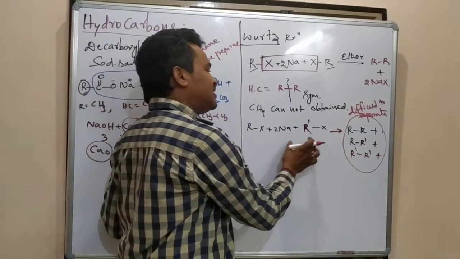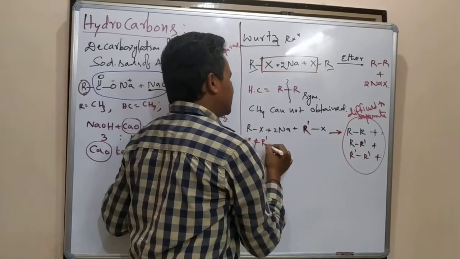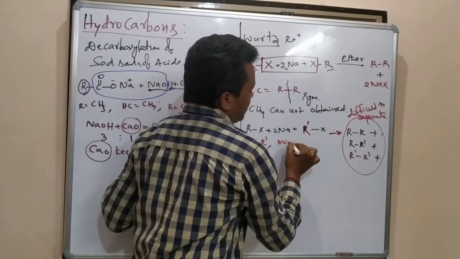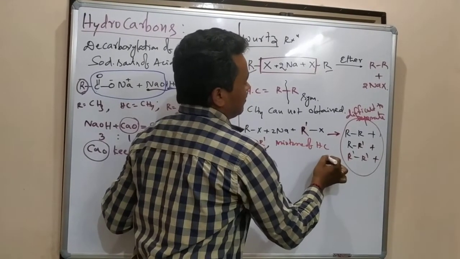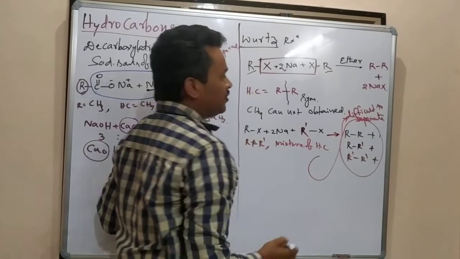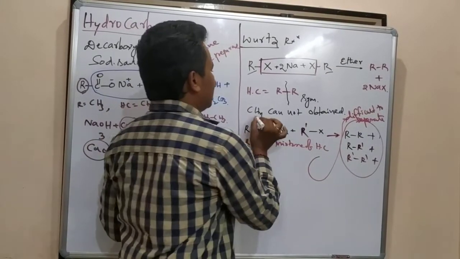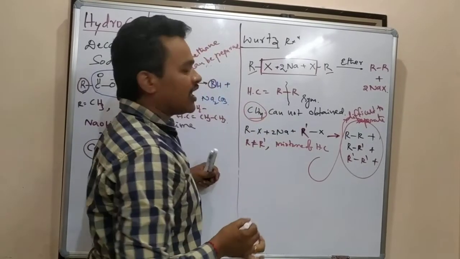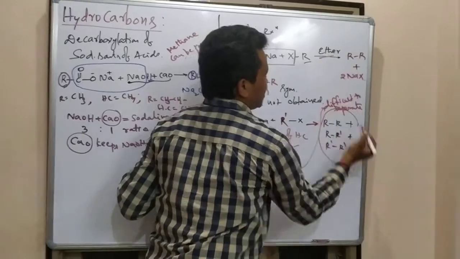If R groups are different, R is not equal to R dash, a mixture of hydrocarbons comes, which is difficult to separate. This is the Wurtz reaction. The point is that methane cannot be prepared by the Wurtz reaction. Here it is carried out in ether solvent.